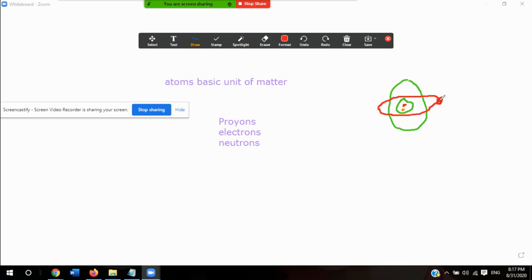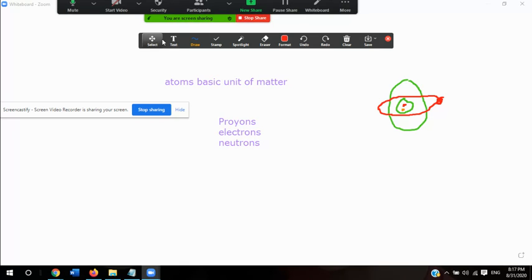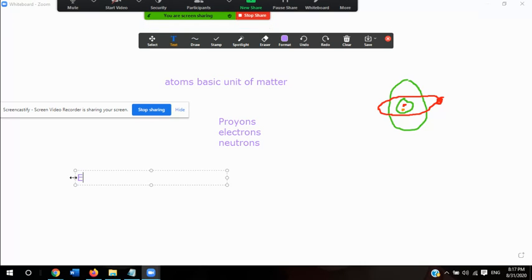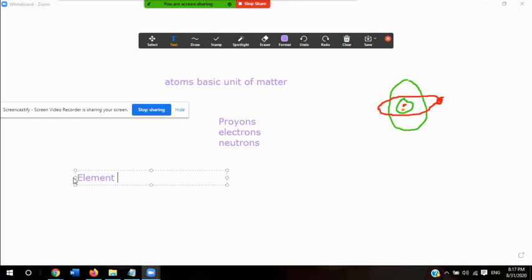And atoms, of course, form elements. If we want to simplify what an element is, we can say that an element is an atom that cannot be broken down into something simpler, or into smaller units.